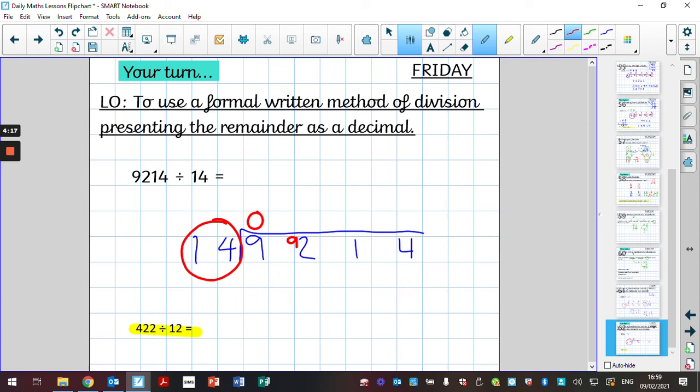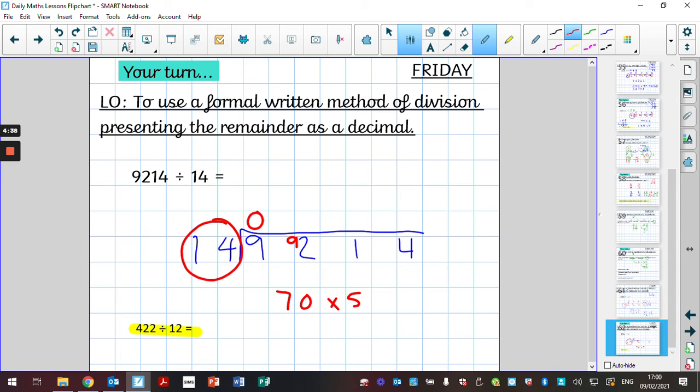How many 14s in 92? Well, let's try and work this out. If I multiply 14 by 10, that's 140, and that's too many. But if I divide that by 2, I can get 5 lots, which would be 70. Just using my multiplication facts here.